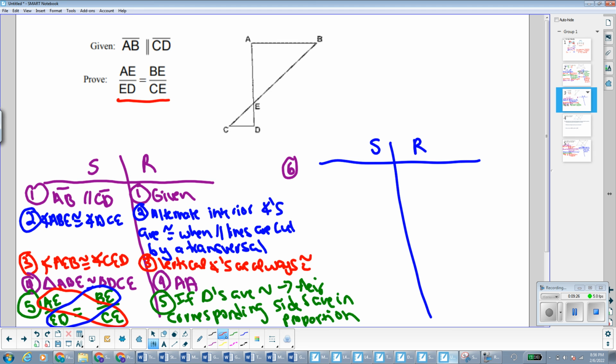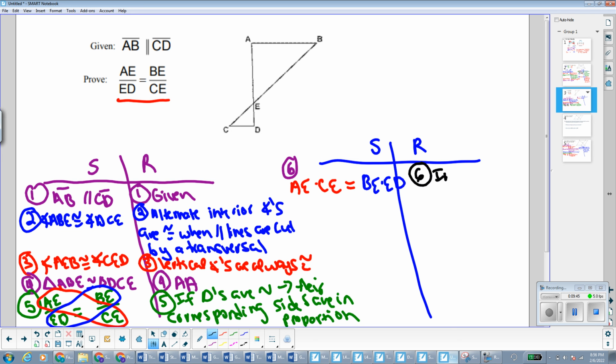So let me write this out. Multiplying the extremes together, we have AE times CE, and that's equal to the product of the means, which is BE times ED. Let me write my reason.